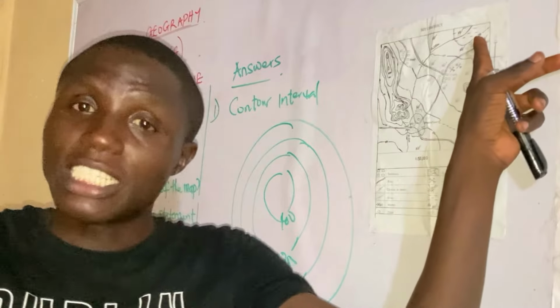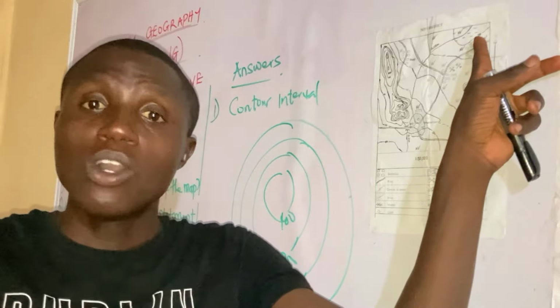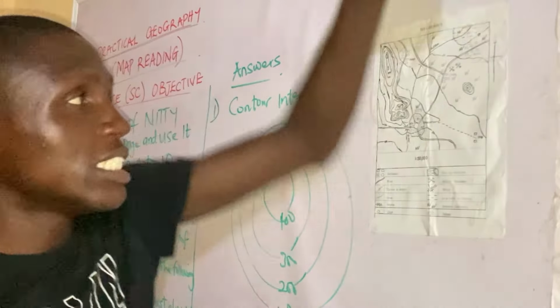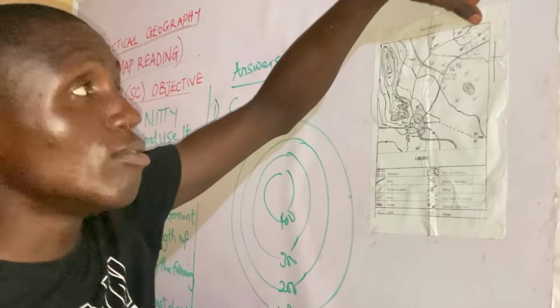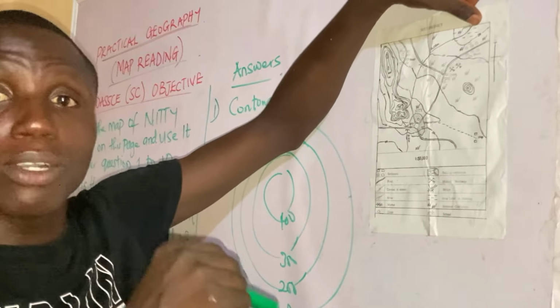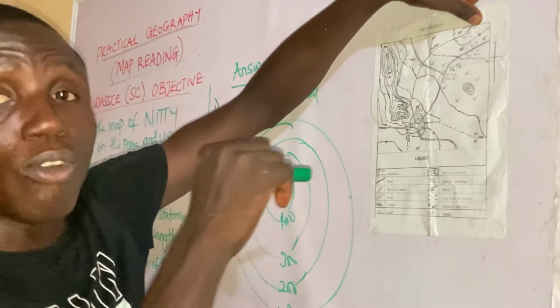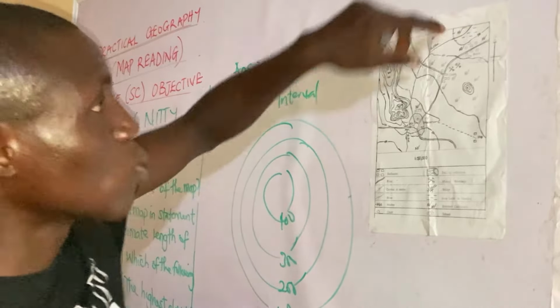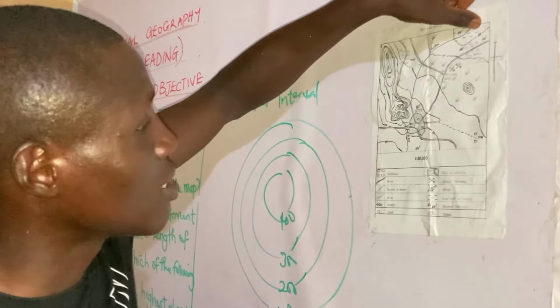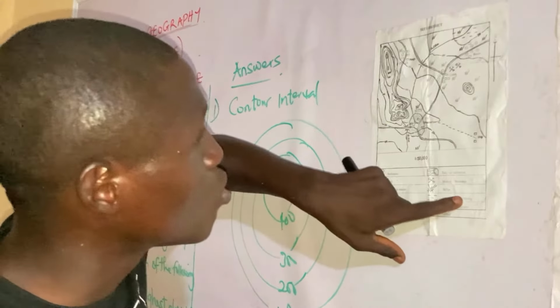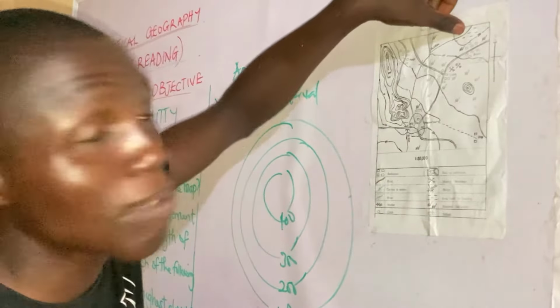In fact, it is 300, so it is the least contour line. It is taken as the sea level and has a high tendency to be subjected to flood. So that is why they said area liable to flood. That is what the mark means.